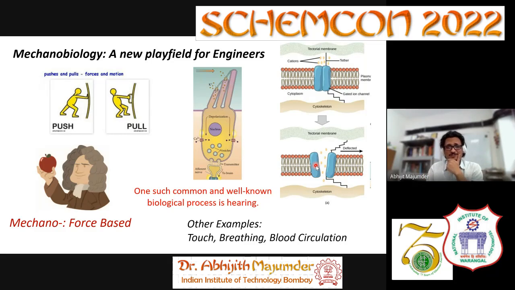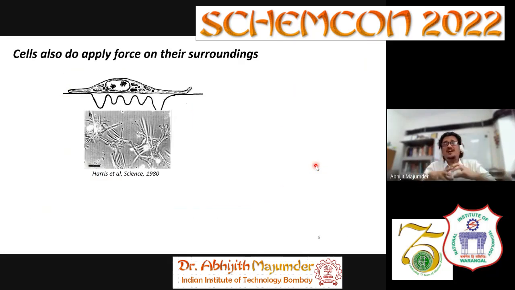Now, the story has two sides. The other side of the story, the cells are also applying force on their surroundings. As you can see here, one example from a paper from the 1980s, they have a polymer which is very, very soft, almost a liquid-like polymer, but on top of that they have a thin crust.